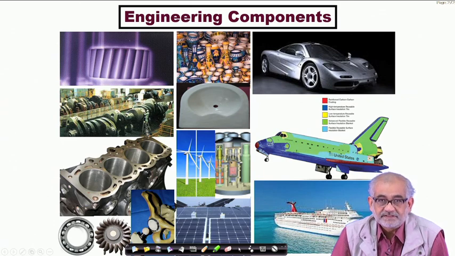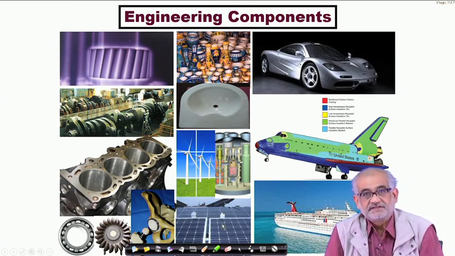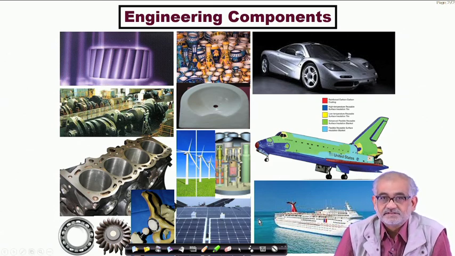These are all metallic components. Here we are talking about ceramic components. These are colored ceramics, glazed tiles, then polymeric materials, semiconducting materials, solar harvesting panels.